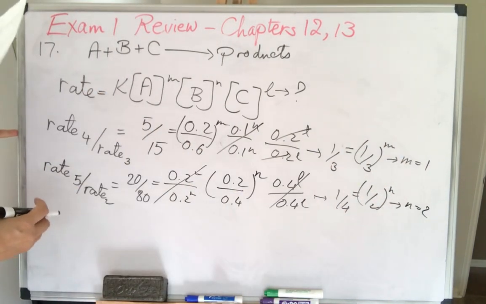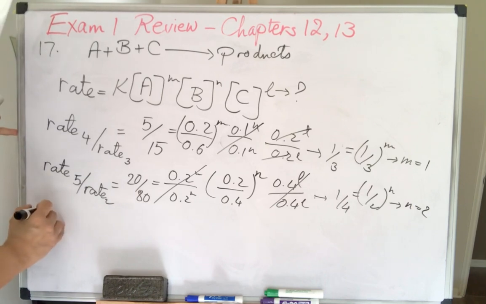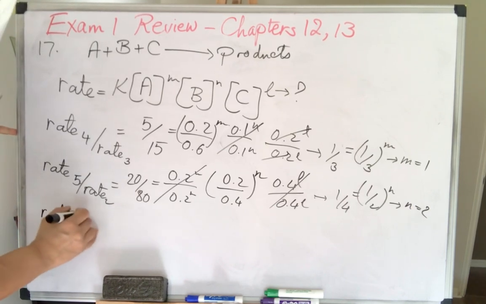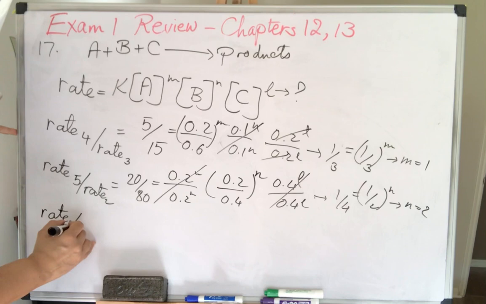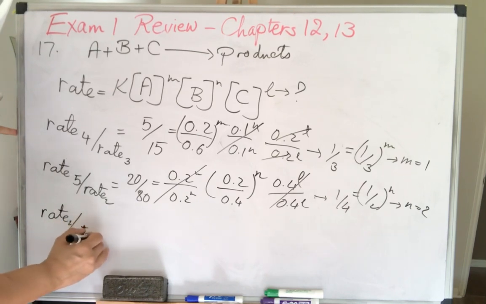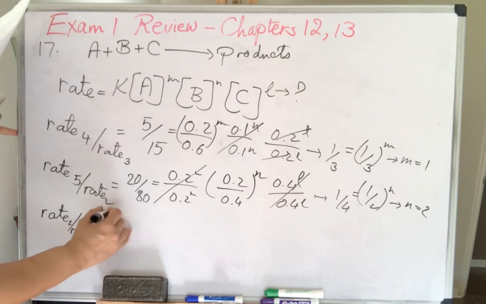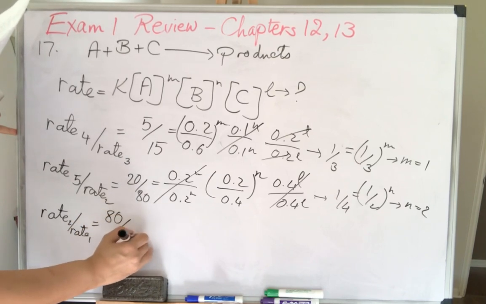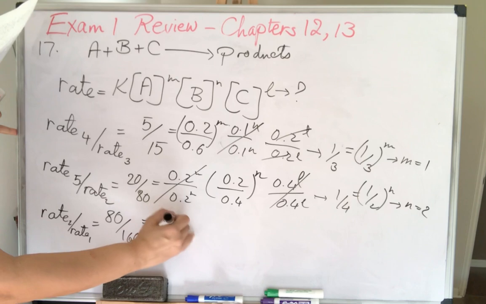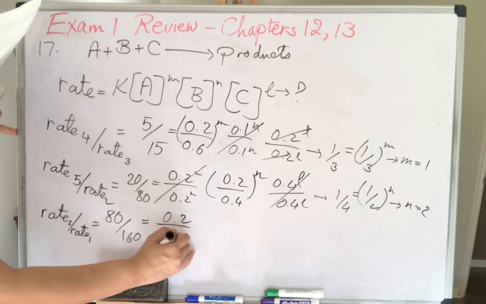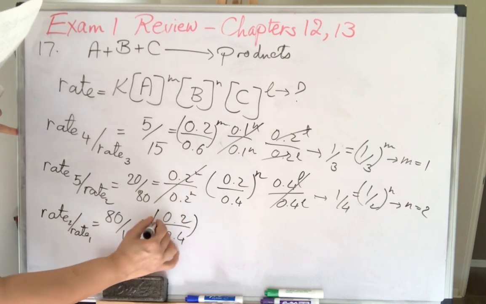Now you can work with any of them for finding l. Compare any of the two, because now you have m and you can plug them in. So it would be 80/160. For concentrations of A, you have 0.2/0.4.